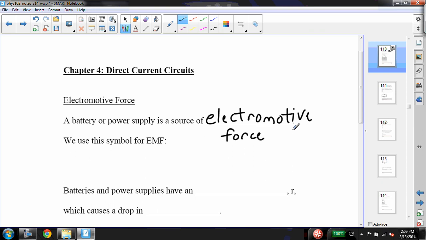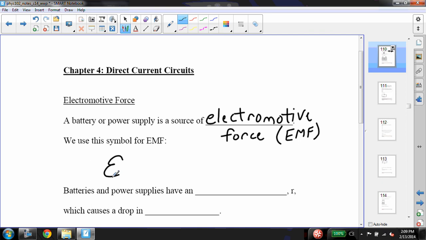We call this EMF for short. As I said, it's really just another word for voltage, though we'll make a slight distinction between EMF and voltage of a battery shortly. We'll use this symbol for EMF, script E or epsilon.